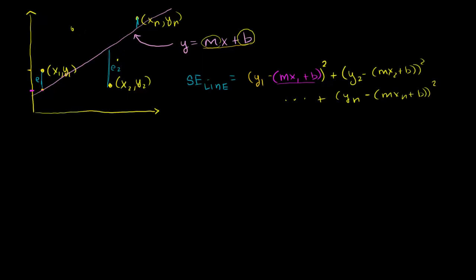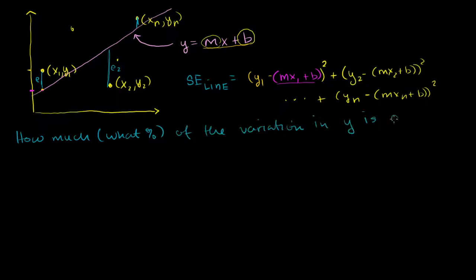And to do that, we're going to ask ourselves the question, how much, or we could even say what percentage, of the variation in y is described by the variation in x?